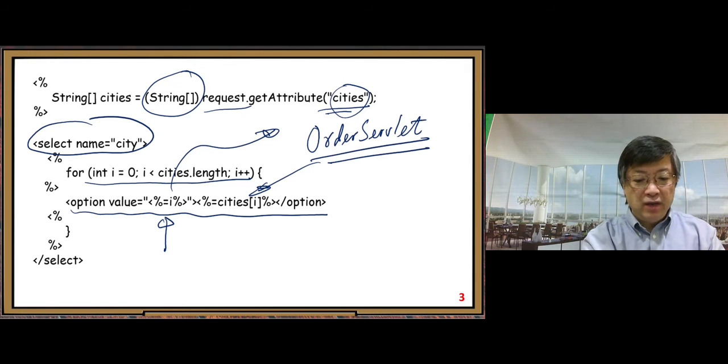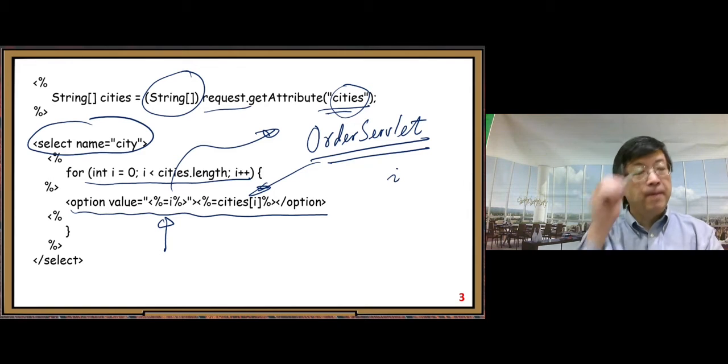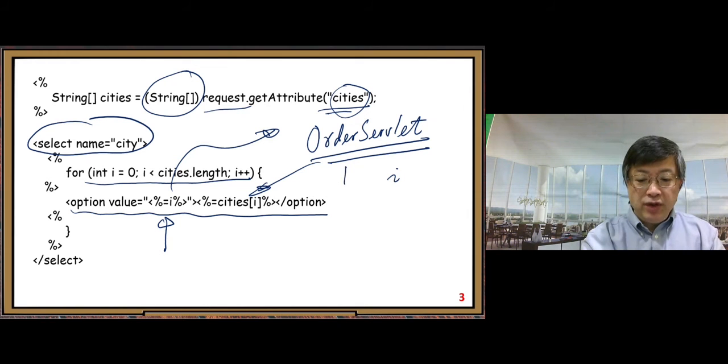In order servlet, after we get the index i, this time we need to use the tax rate.